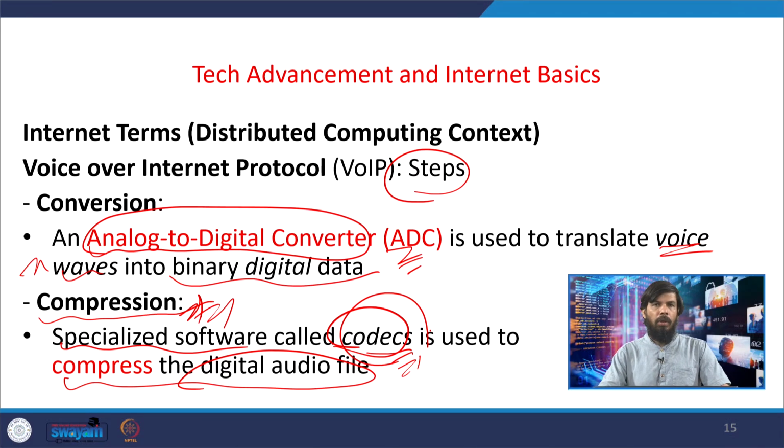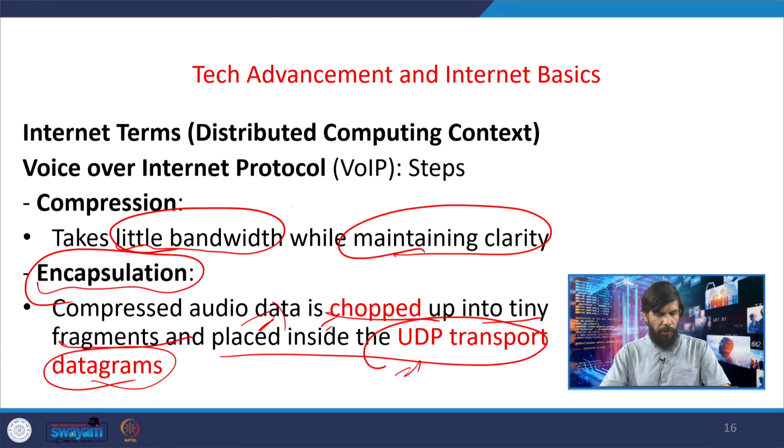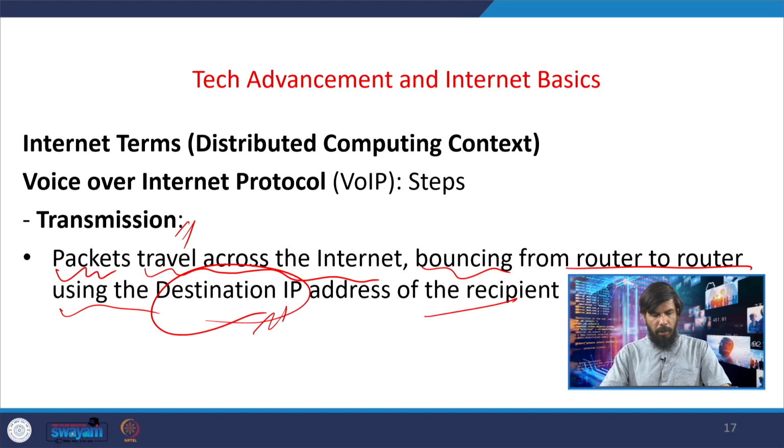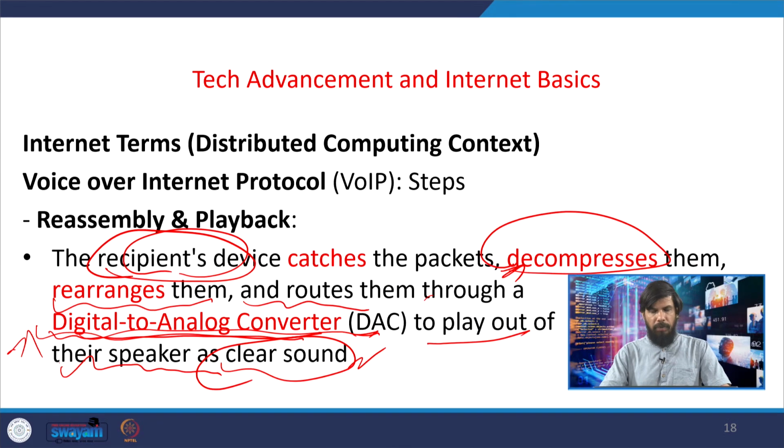We would like less data going through the network, so we compress it so that it reaches faster. Then chopping happens, it is sent via UDP, transmission happens across the network, and then reassembly. We need to decompress the data, convert it from digital to analog, and then play it out.